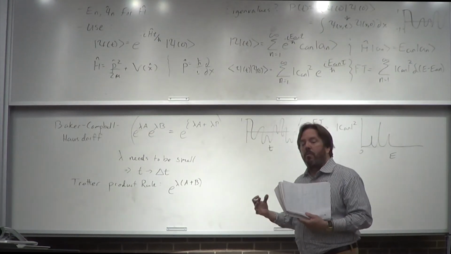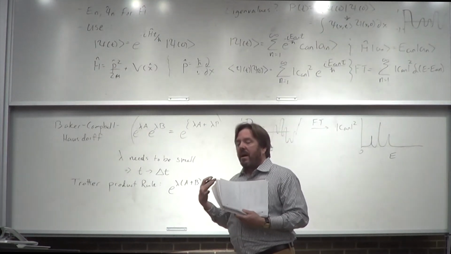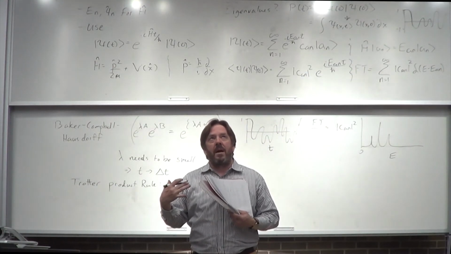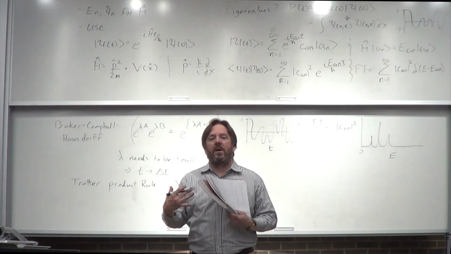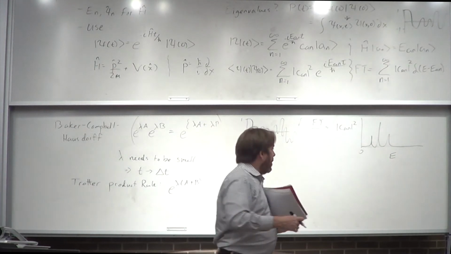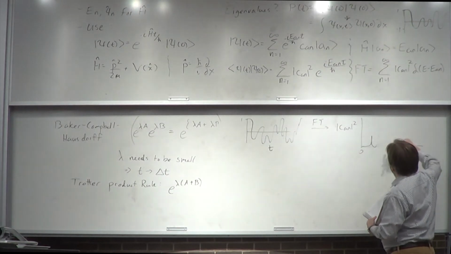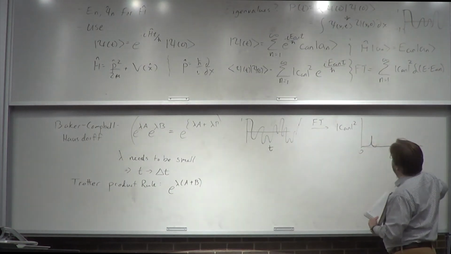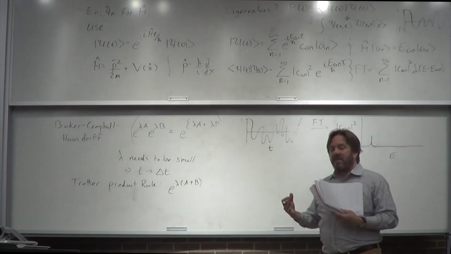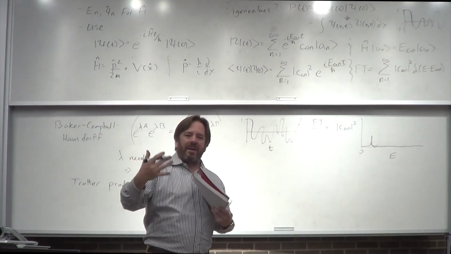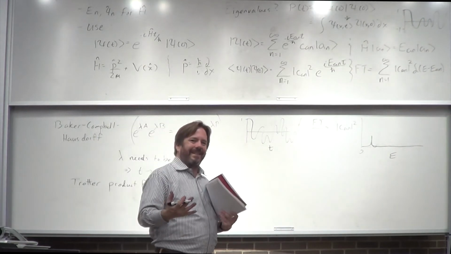Now let's say that you purposely created your time evolving wave function, and you purposely made the initial wave function the ground state. What you would see is this. You would see one peak for the ground state, because that's the only state that was present. And so on for the first excited state, for the second excited state.